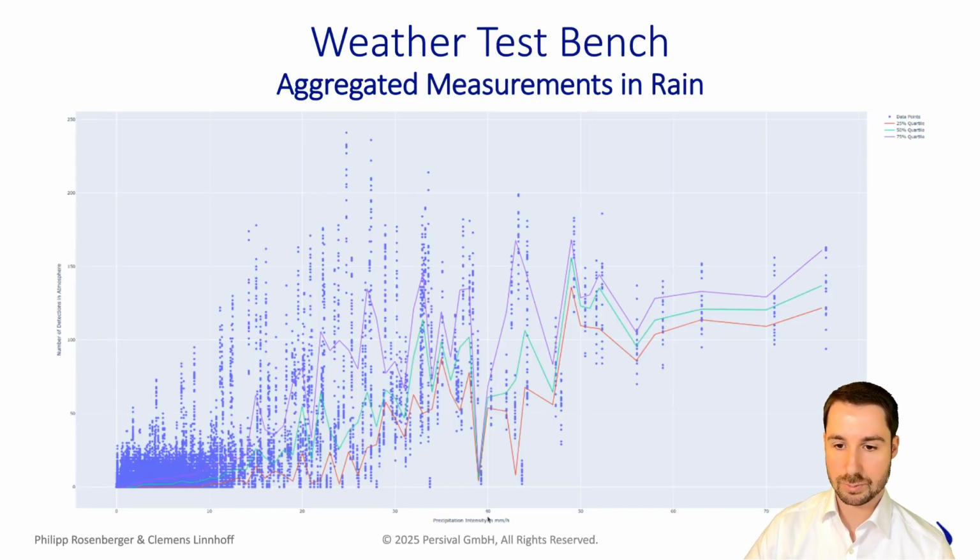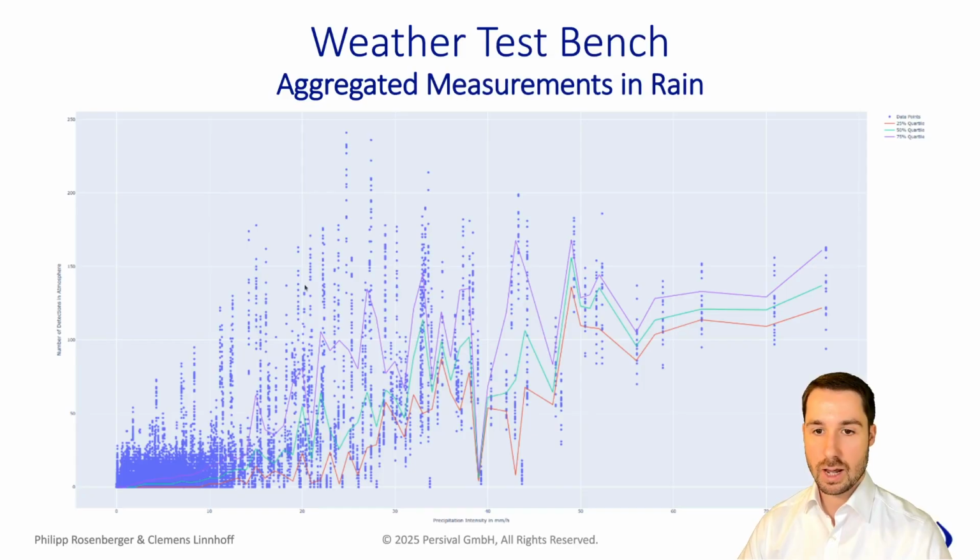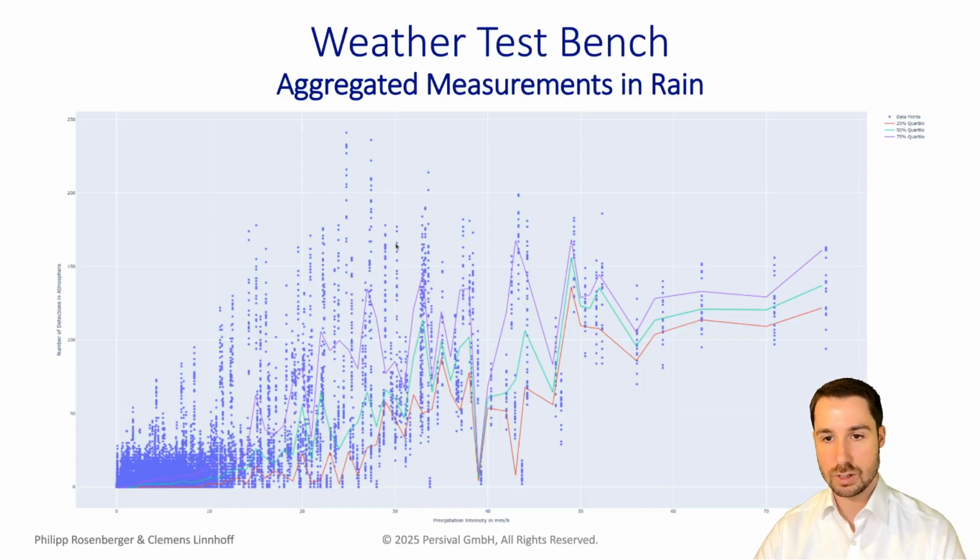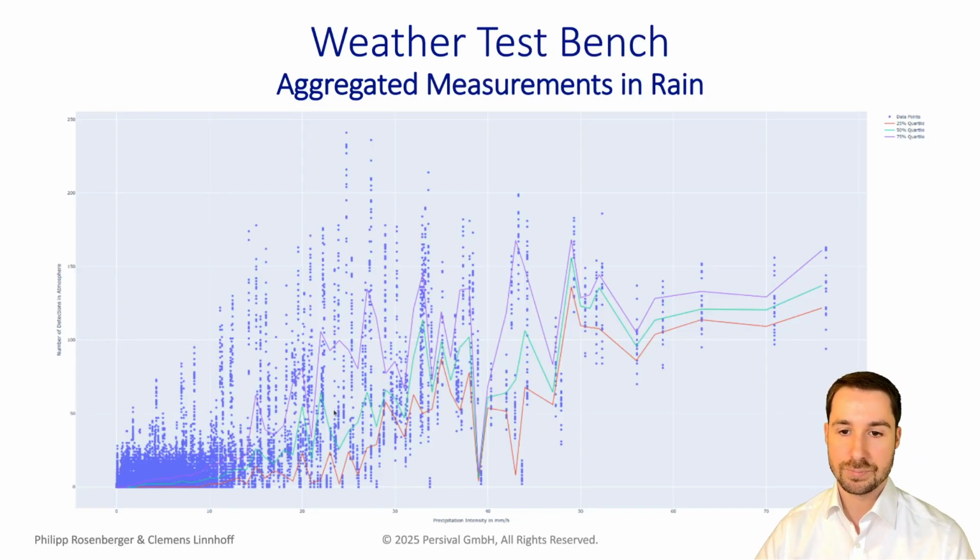So you have the precipitation intensity on one axis and the number of detections in the atmosphere on the other axis. And every single blue point you see here is one time step of one measurement with the weather test bench. And then you can get your average values here, 50% percentile, 25, 75, and so on.